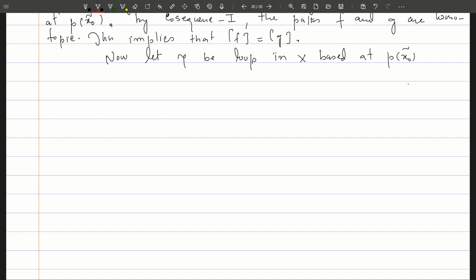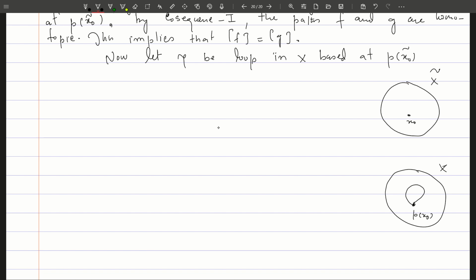So the situation is like this: we have X tilde here, we have a point x naught tilde, then we have the space X here and the point P of x naught tilde. So this gamma is a loop in X based at this point. So this is gamma here. So that means we have the interval 0 1 here and the map gamma here.